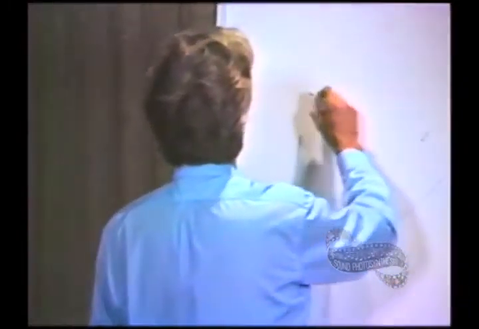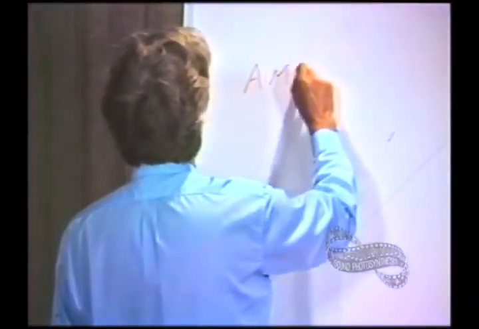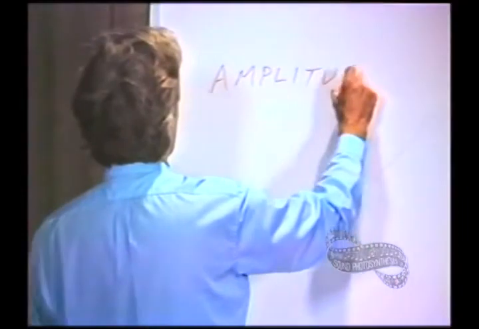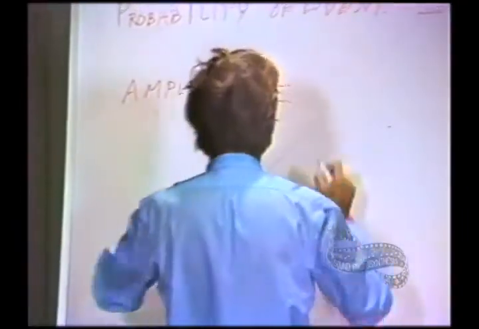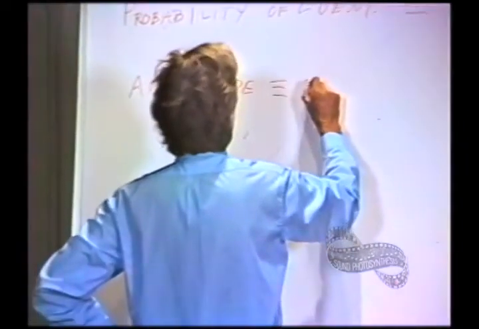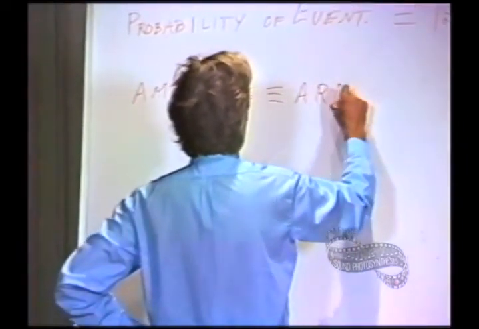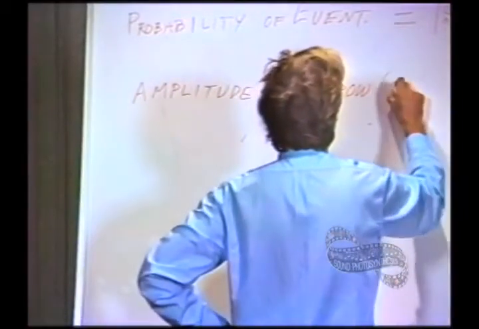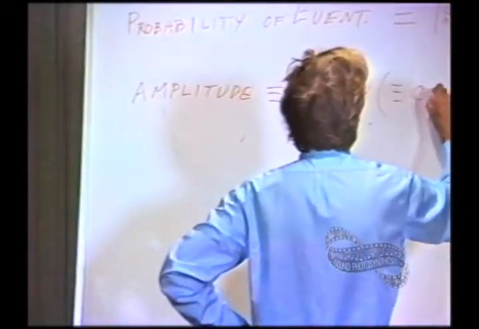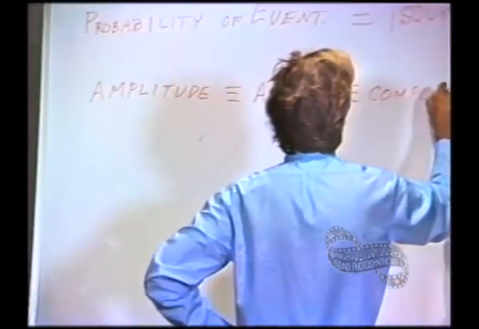So there are two aspects of an amplitude. The amplitude is a sort of two-dimensional thing, and therefore you can represent it on a plane as an arrow. And by the way, for those who know mathematics, that can be equivalent to representing everything by complex numbers.